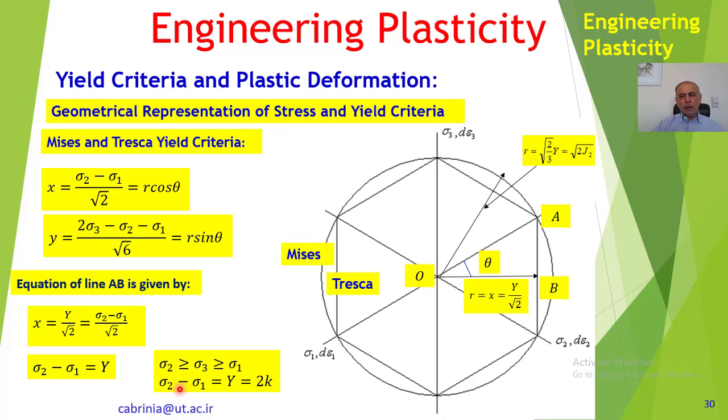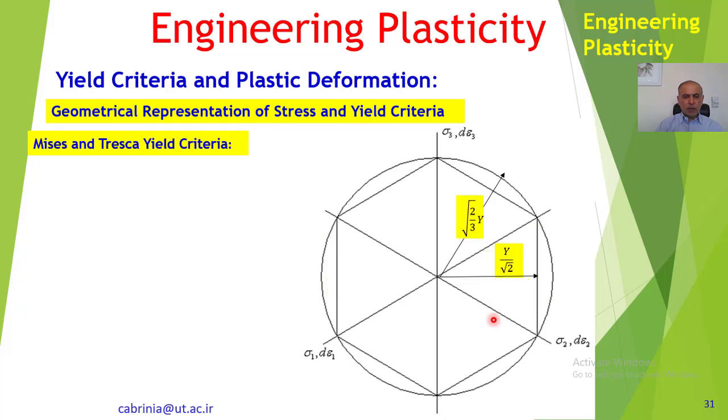You can find the equations of these lines. So for the Tresca, usually we have it like this: the maximum stress minus the minimum stress. That is the yield criteria for Tresca.